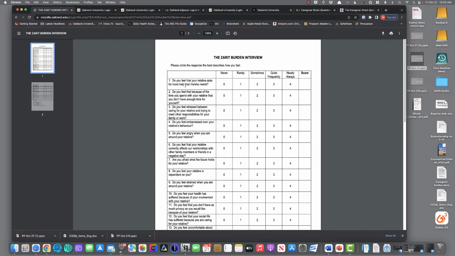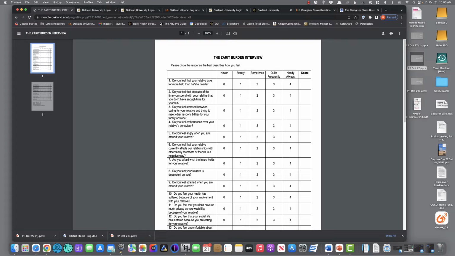Things like, do you feel that your relative asks for more help than he or she needs? Do you feel that because of the time you spend with your relative that you don't have enough time for yourself? Do you feel stressed between caring for your relative and trying to meet other responsibilities of your family or work? By the way, what they mean by relative here is whoever it is who has the disability.